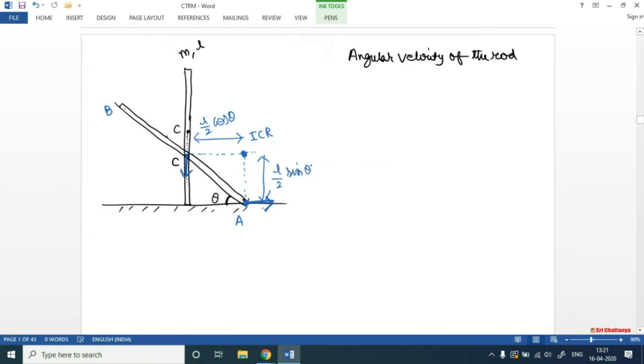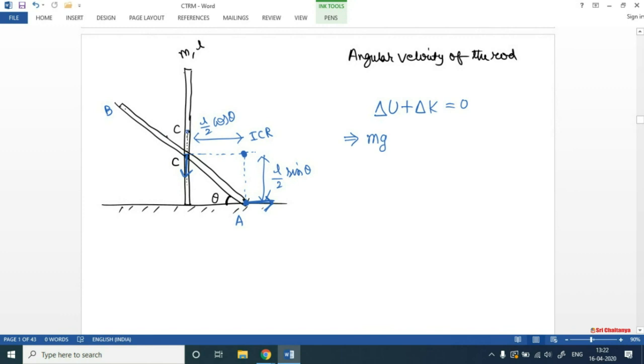So that would be delta U plus delta K is equal to 0. The potential energy is decreasing at the cost of which the kinetic energy is increasing. So delta U we can simply write as M times G into the change in height of the center of gravity.